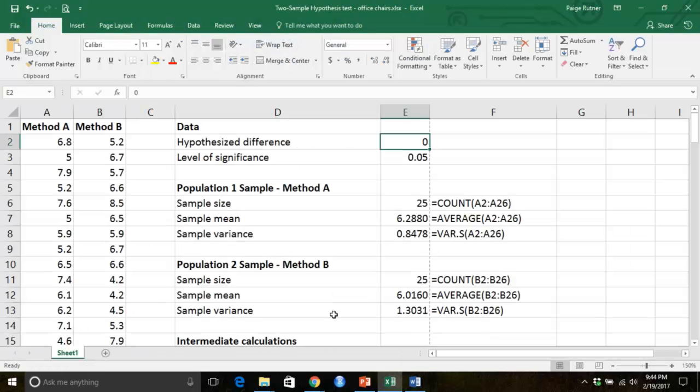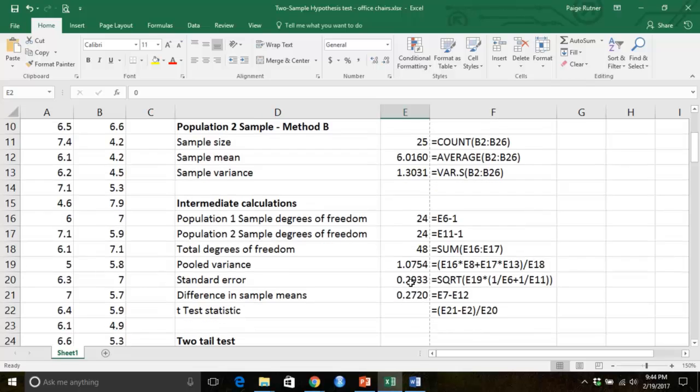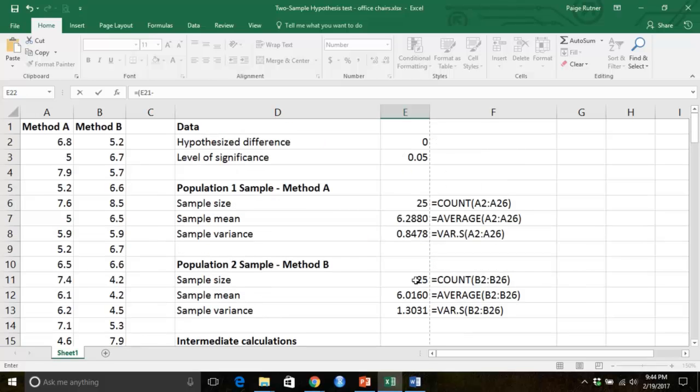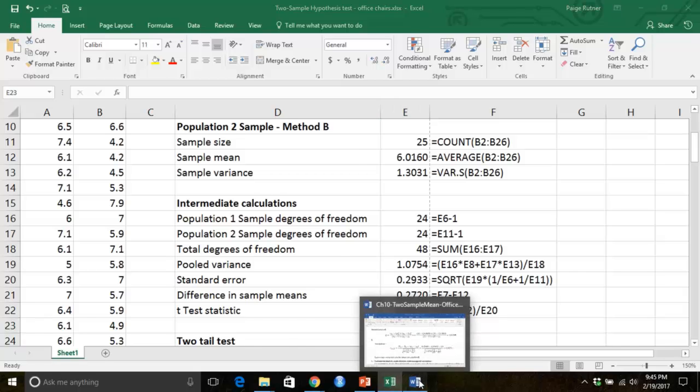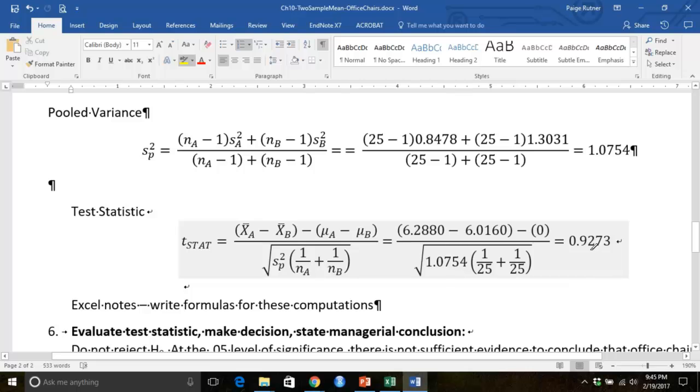So let's come back, and my test statistic is going to be the difference between the sample means minus that hypothesized difference between population means, and then divide by my standard error. And that came out to be 0.9273, which matches the value that we had shown in our results earlier.